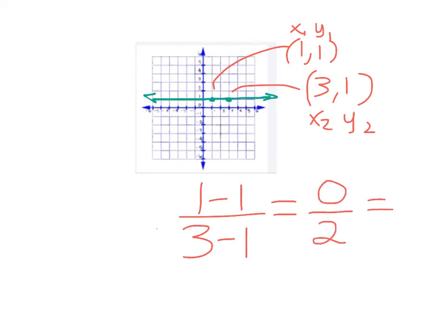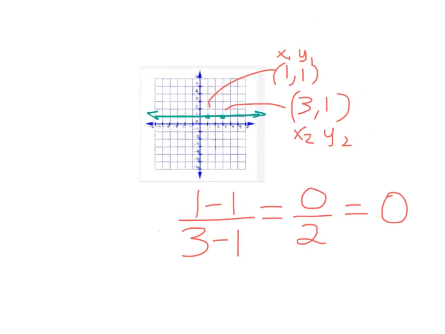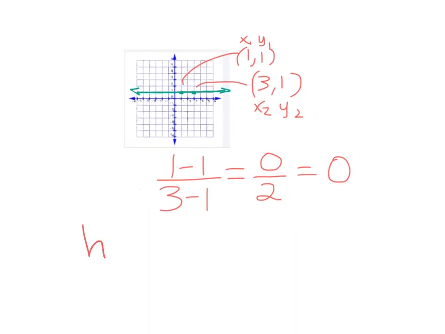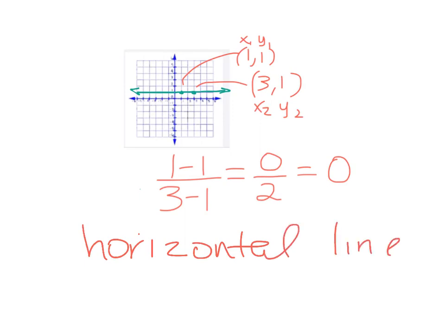When the 0 is in the numerator, this will simplify to 0. So when the line is horizontal, so a horizontal line or a 0 in the numerator, this has a 0 slope.